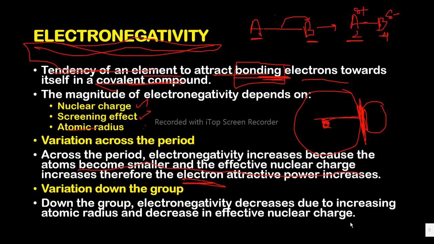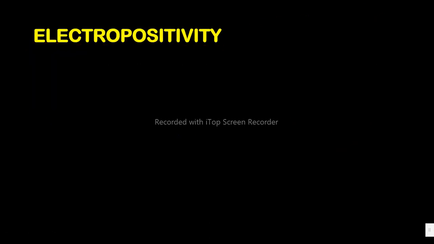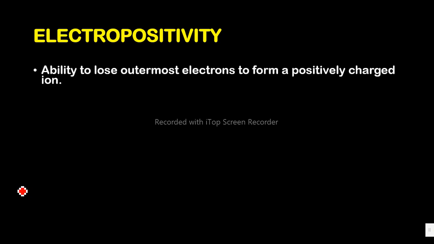Any question for me? Okay, so let's talk about electropositivity now. I can say this one is more the opposite of electronegativity. Whereas electronegativity is the attraction of the bonding electrons in a covalent bond, this one is the ease of losing electrons to form positively charged ions.